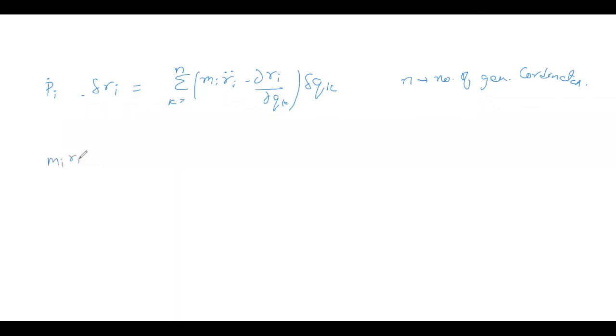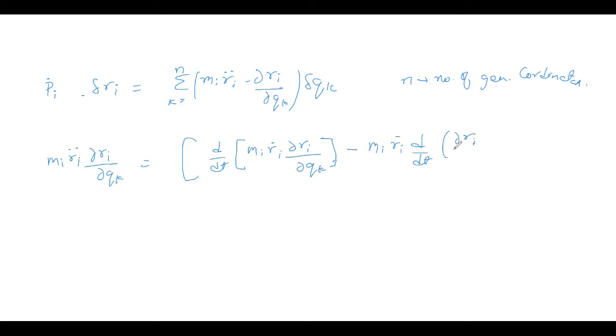So we have mi ri double dot delta ri by delta qk, and this we have got as ddt of mi ri dot delta ri by delta qk, minus mi ri dot ddt of delta ri by delta qk. So this we also derived. This is my equation number 5, and this was my equation number 6 yesterday.